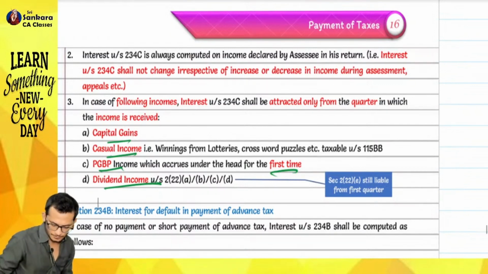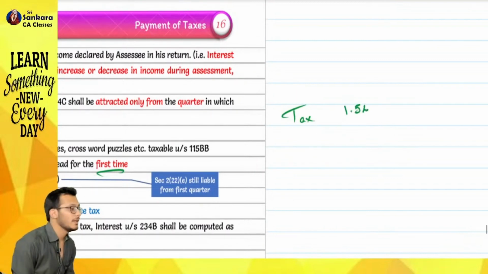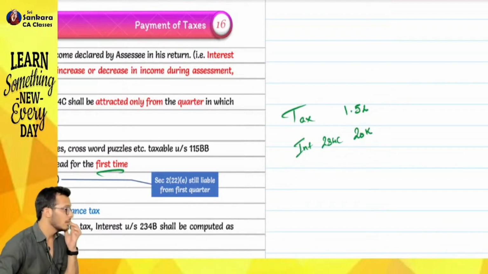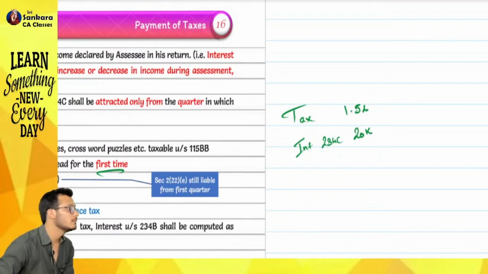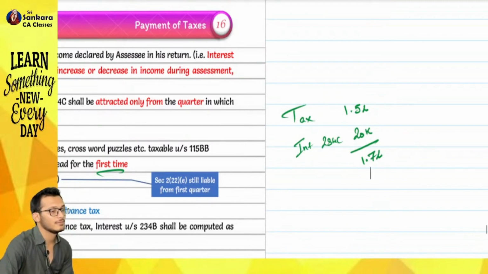Rahul, my tax is 1.5 lakhs. My interest under 234C is 20,000. Totally I am required to pay 1.7 lakhs. This 1.7 lakhs has to be paid starting 1st April.